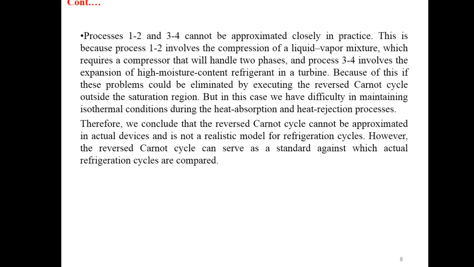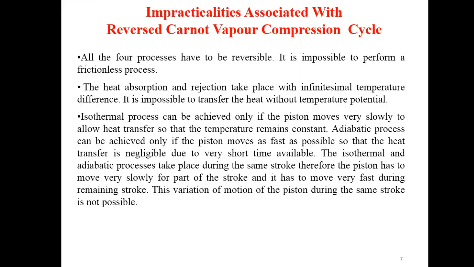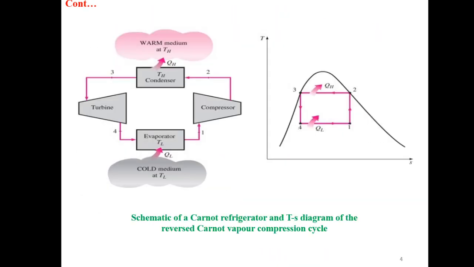But in this case, we have difficulty in maintaining isothermal condition during the heat absorption and heat rejection processes. So what we are saying is that in process 1-2, point 1 is a wet point, it is a liquid vapor mixture. If the refrigerant entering the compressor is a liquid vapor mixture, then the compressor will face some problem, so we have to increase the size of the compressor to deal with it.